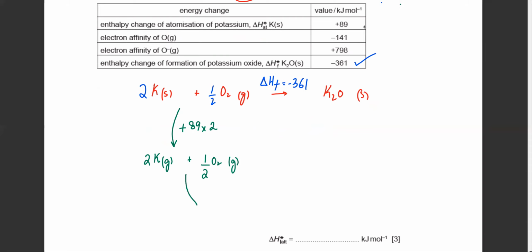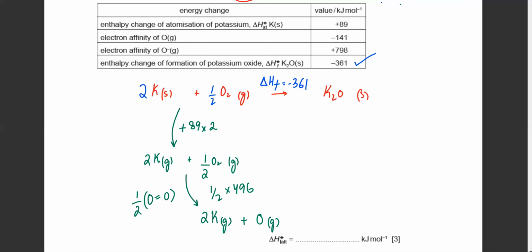Next, the potassium has already been atomized. Now you have to form atoms of oxygen. The way you form atoms of oxygen is that in an O2 molecule you break the O double bond O, and that gives you atoms of oxygen. So half an O double bond O molecule needs to be broken, which is basically half times 496. 496 is the bond energy.